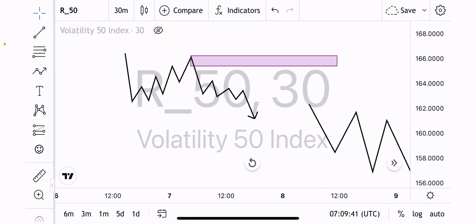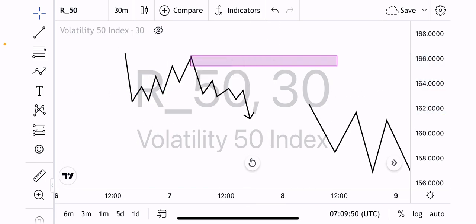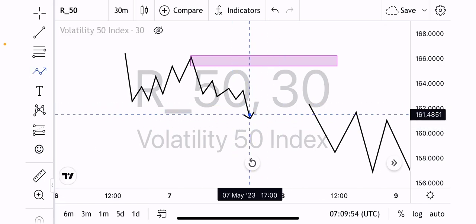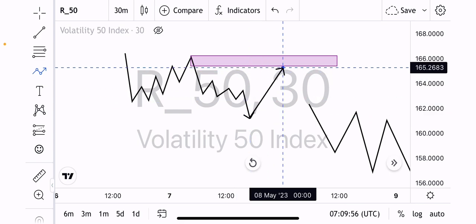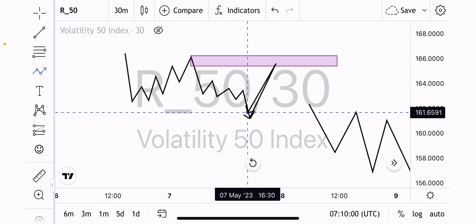So after the market has taken the external liquidity, you are not expecting it to move in this manner. You're expecting it to move in this manner. Go back to origin, come back to origin, then break structure again.